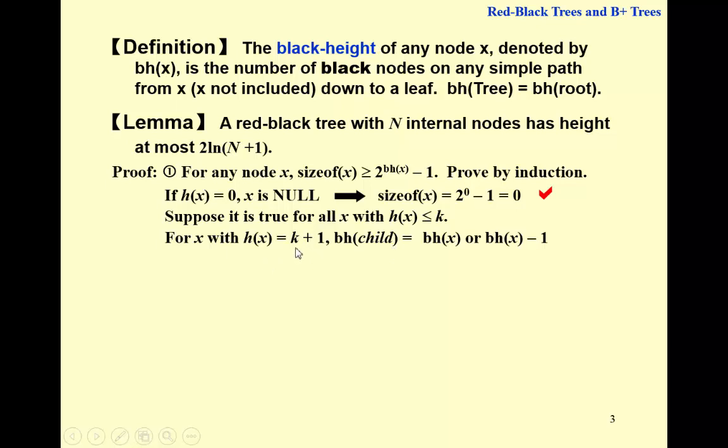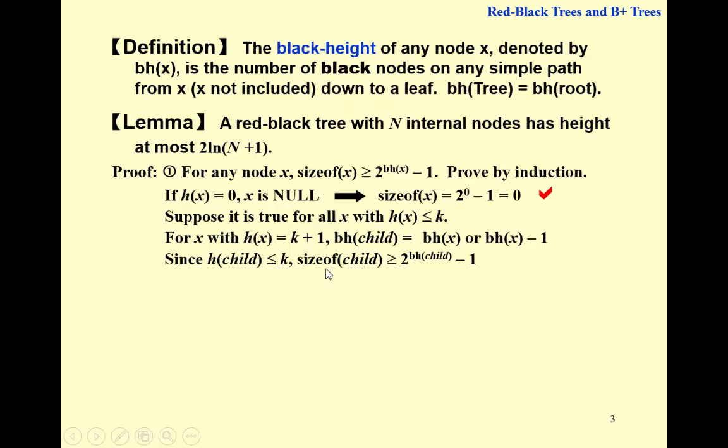It will be at most k, right? So the h of its child would be at most k. And therefore we have assumed that this inequality is true for all its children.